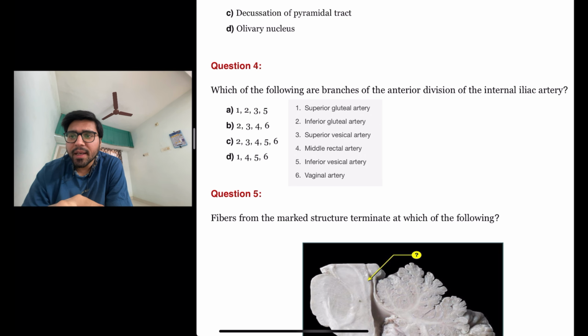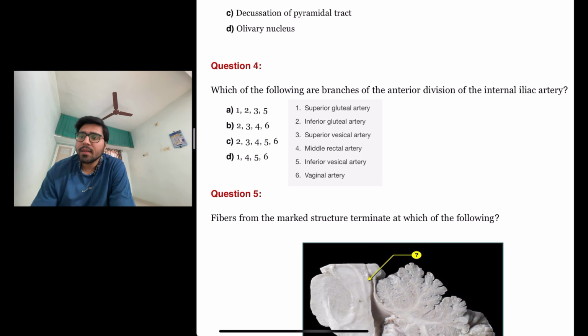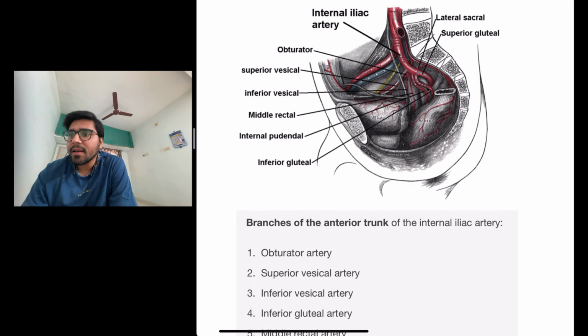They are specifically asking about the branches of the anterior division of the internal iliac artery. To answer this kind of question, we have to know the exact anatomy of the internal iliac vascular supply, and to know that, we have to know the exact figure of the internal iliac artery. So this is the internal iliac artery.